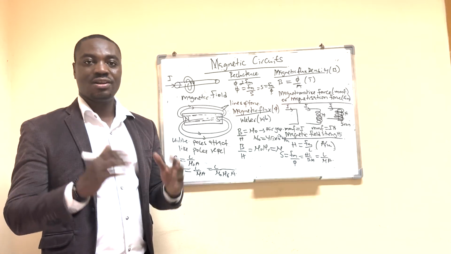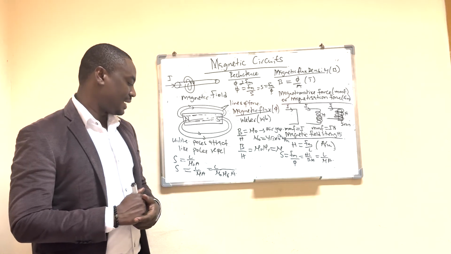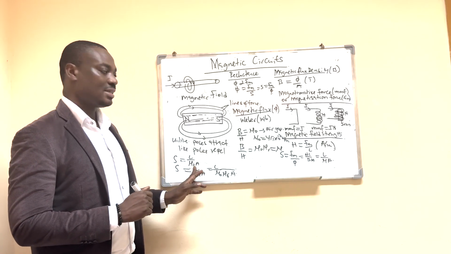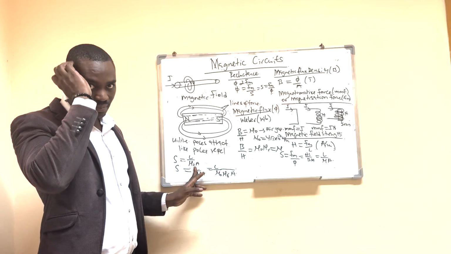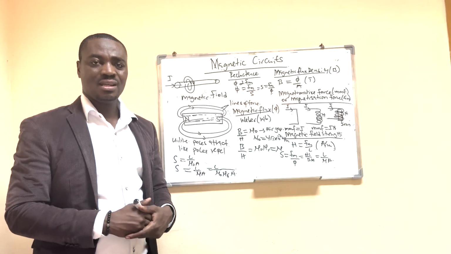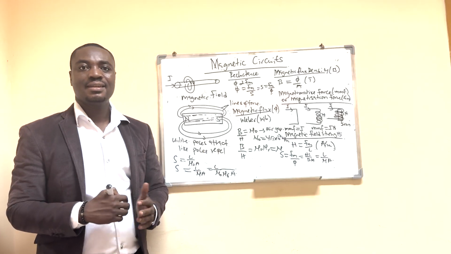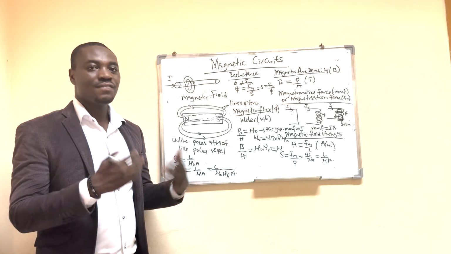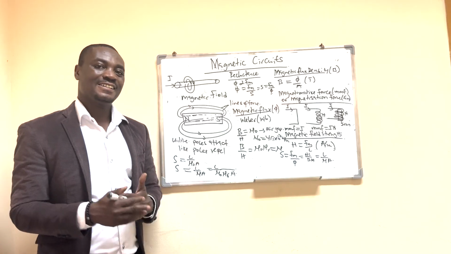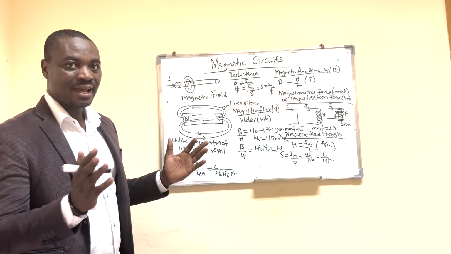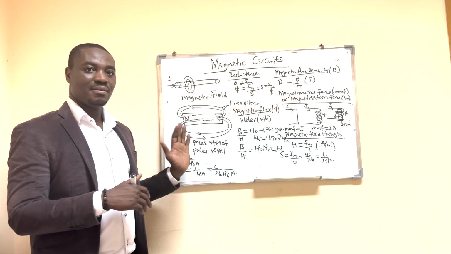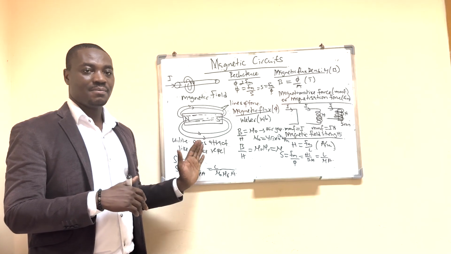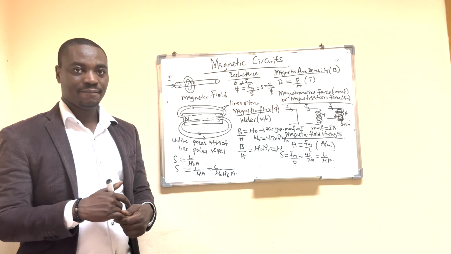So that's the reluctance. And if we are dealing with an air gap, the relative permeability of air is 1, and it's 1 for any other non-magnetic material. So if you are dealing with wood or glass, their relative permeability is also going to be 1, right?